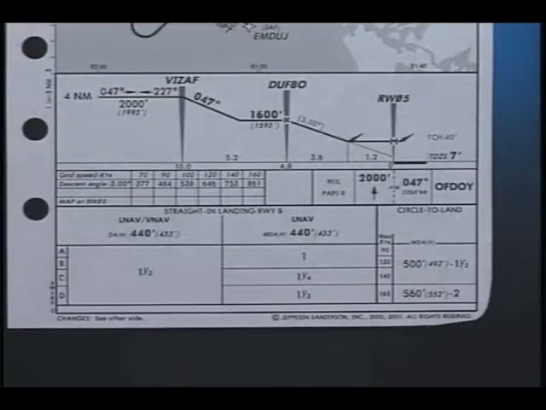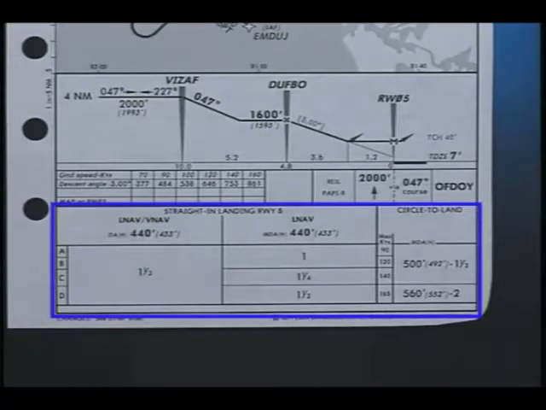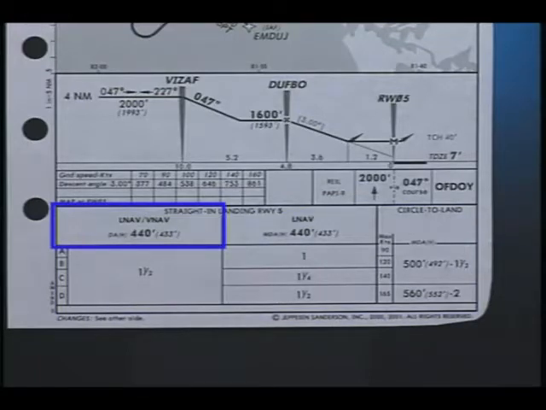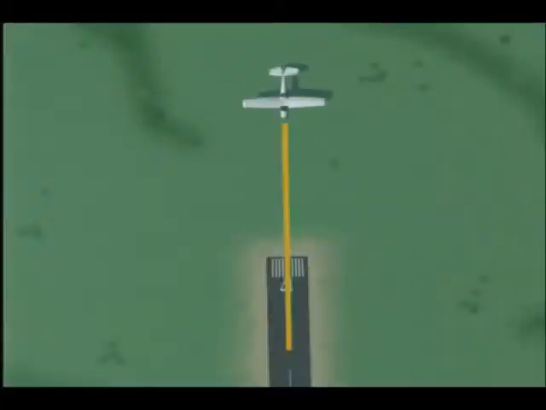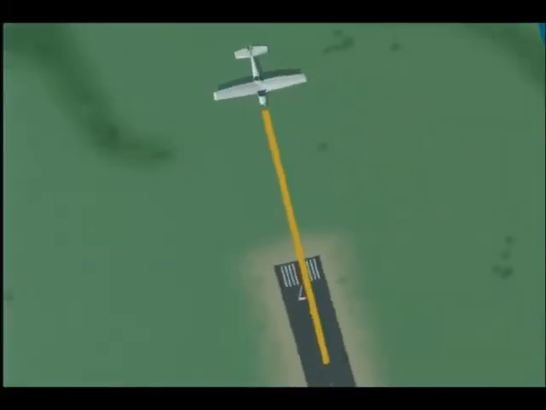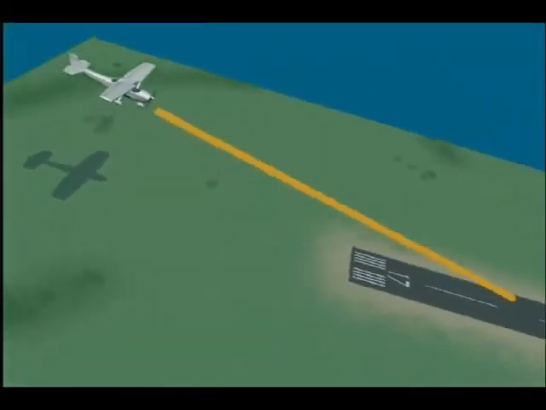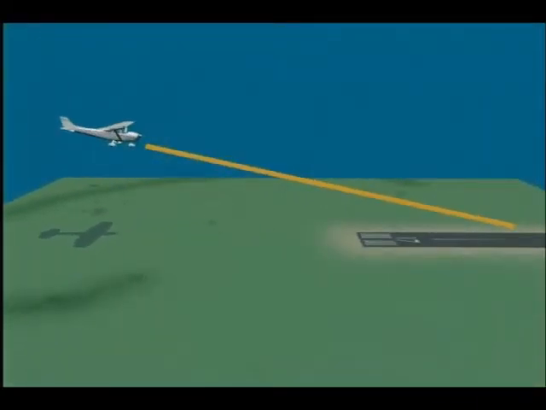The last major difference you will find on RNAV charts is a new descent minimum format and new terminology. The new RNAV chart format may include as many as 3 approach minima: LNAV VNAV, LNAV, and circling. LNAV VNAV identifies minimums developed to accommodate a non-precision RNAV instrument approach with lateral and vertical guidance.